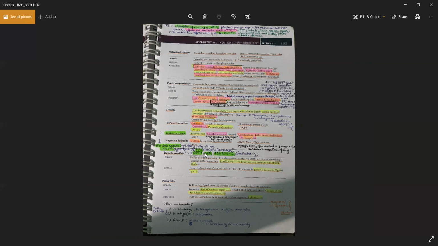Could you please explain why mifepristone is given along with it? Mifepristone is given along with the misoprostol. See, misoprostol is a prostaglandin analog, and prostaglandins cause smooth muscle contraction in the uterus. And the mifepristone is an inhibitor of progesterone, and the function of progesterone is to cause relaxation in the uterus.